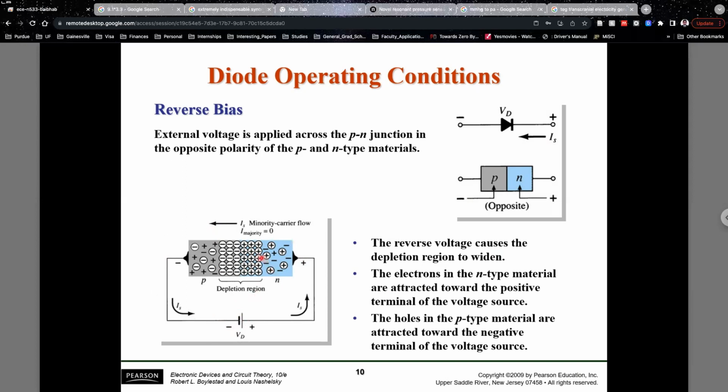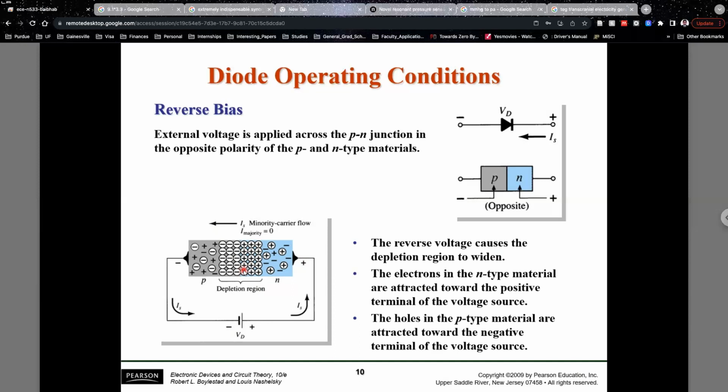So in the reverse bias condition, your depletion region widens, becoming larger and larger. This is another way of saying that you will have less conductivity through the device, through the diode, when you are reverse biasing it. Why? Because we have already agreed that current flow or conductivity happens when there is flow of electrons or flow of holes through the device.